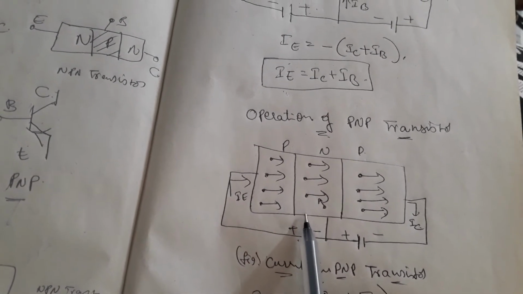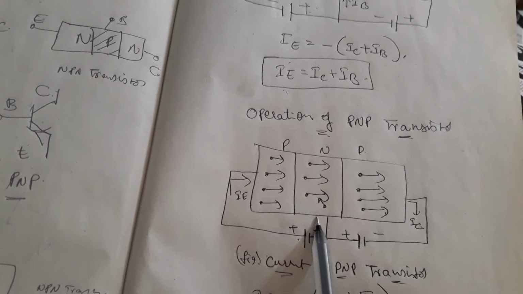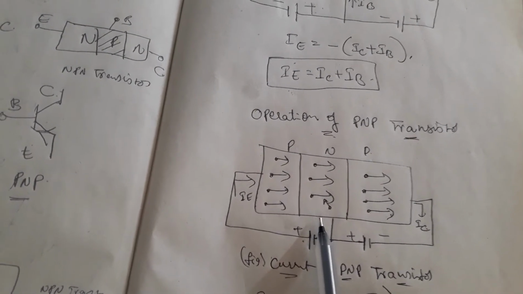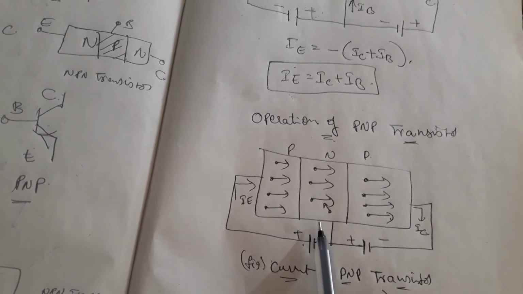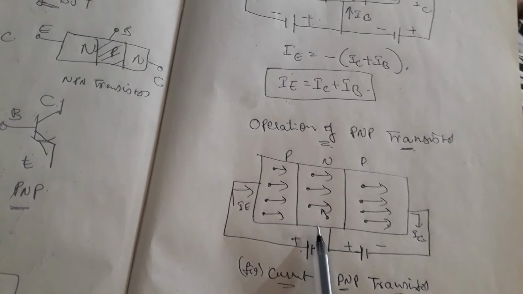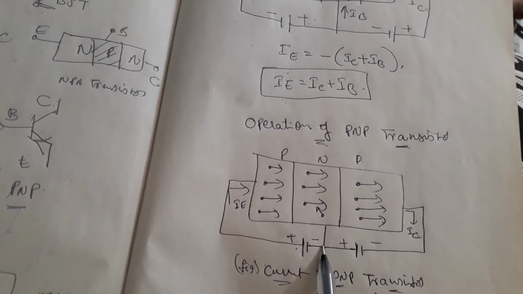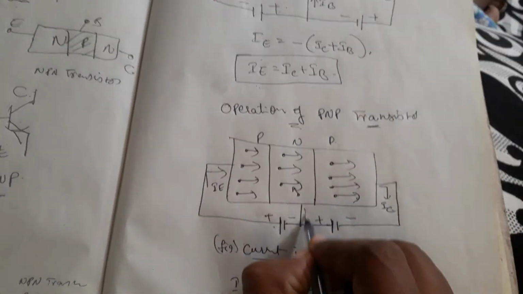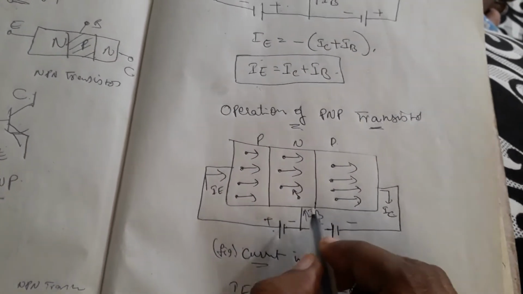As the base is lightly doped with n-type impurity, the number of electrons in the base region is very small, and hence the number of holes combined with the electrons in the n-type base region is also very small. Hence, a few holes combine with electrons to constitute a base current IB. This is the base current IB.